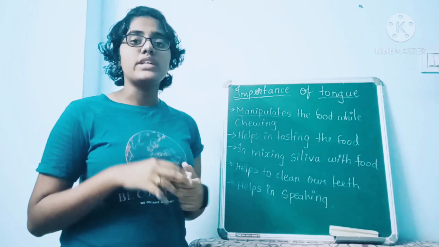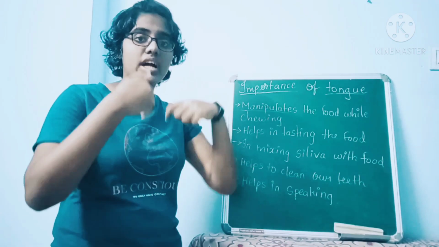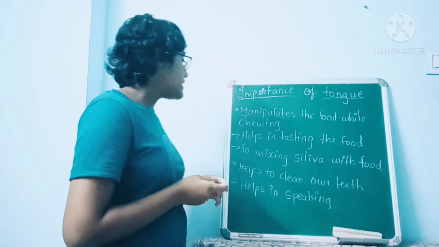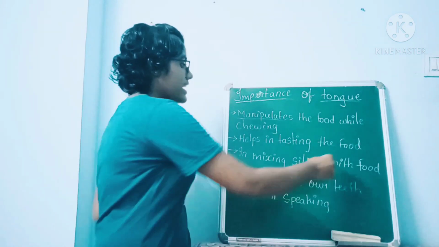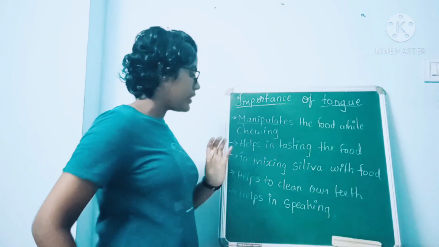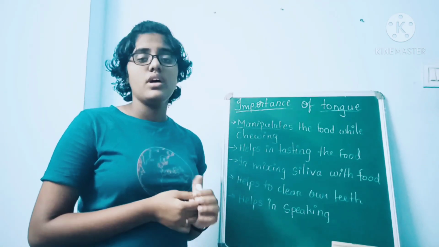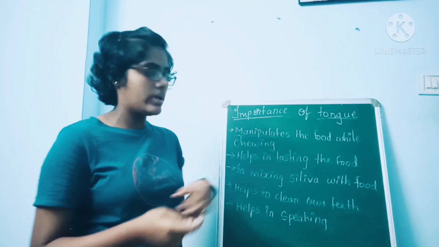Next one is helps in tasting the food. The main one is tasting. Now how does it help in tasting the food? Tongue has some taste buds, that I'll show in an activity after this.